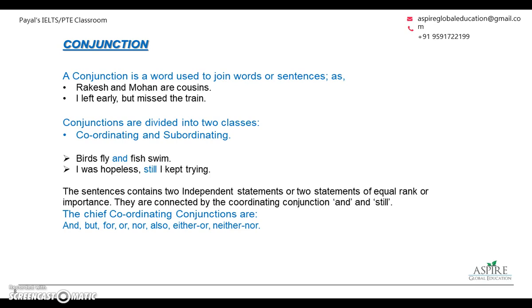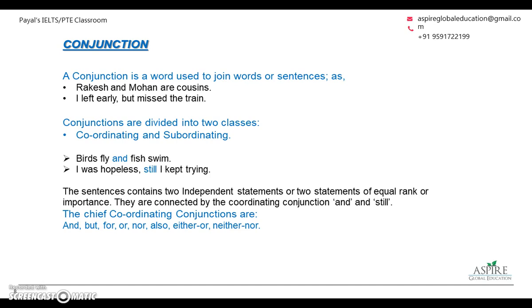When you work together, you're working at the same rank. That means both are equally important. But when you're trying to help somebody, you may not be as important as the other one. That is the difference between coordinating and subordinating. So, coordinating means working together at the same rank, which means both the sentences are of equal importance and we are connecting them through a coordinating conjunction.